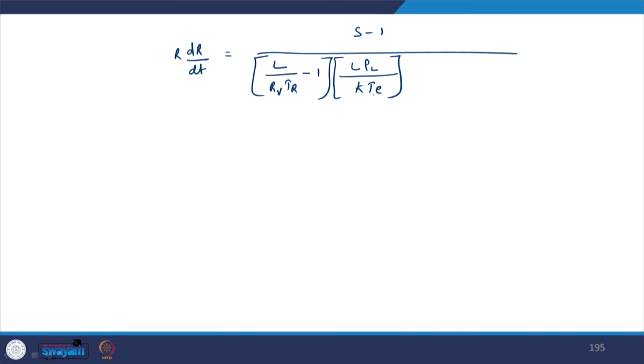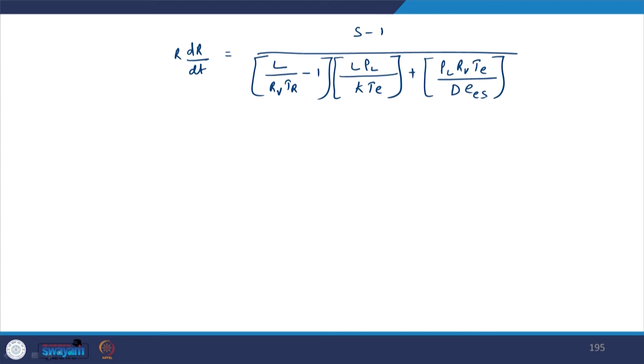This is just simple algebra. I am just trying to rearrange the terms for the sake of convenience, right. So, it should not be any worry if you do not understand. You just have to look at the previous slides, get all the equations together and rearrange them, or substitute according to the method that we have followed, you will be able to get it, right.